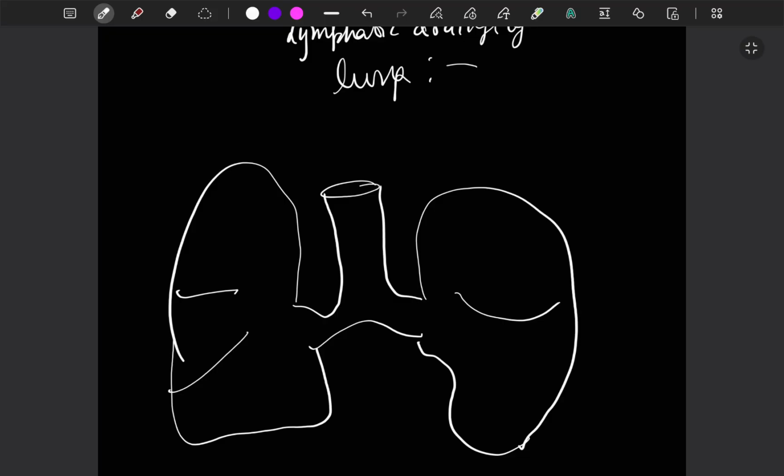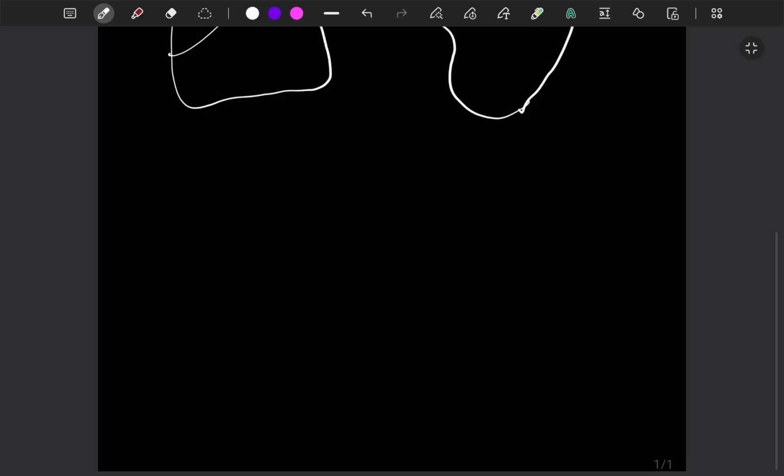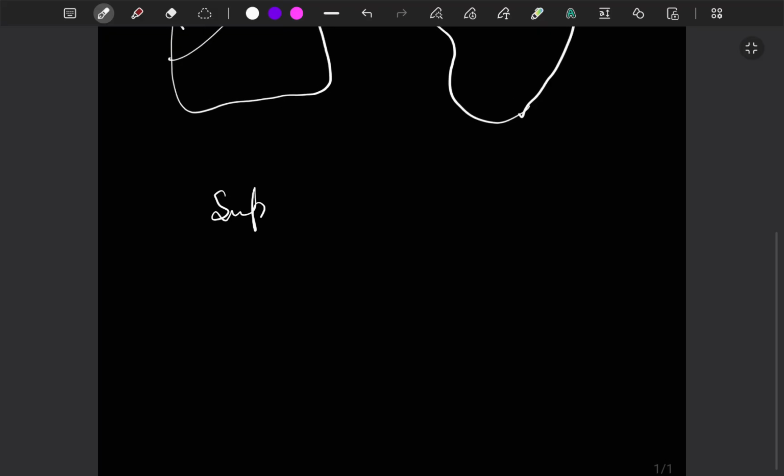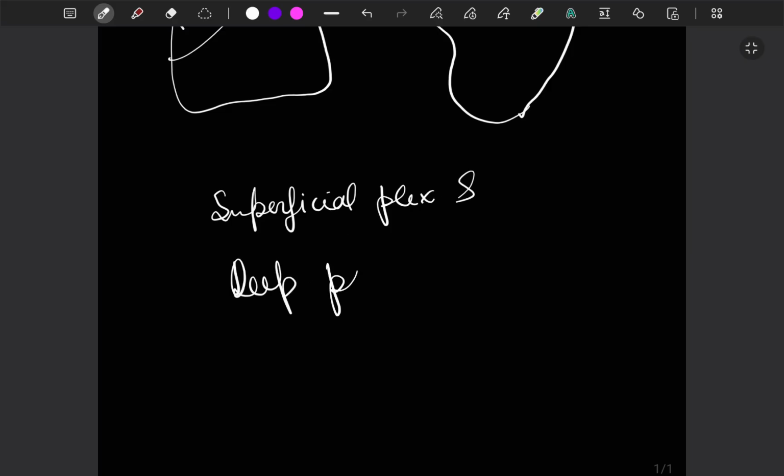Right now, lymphatic drainage is of the superficial plexus and deep plexus.